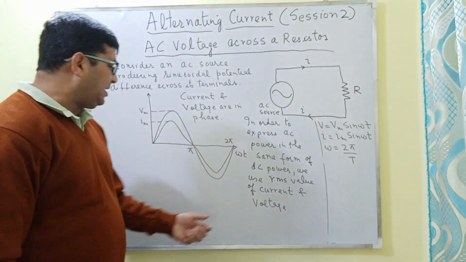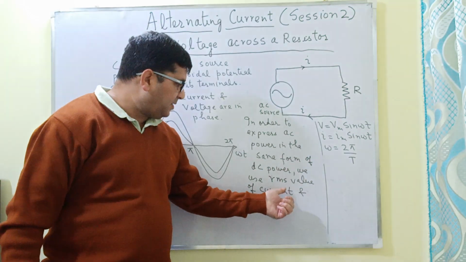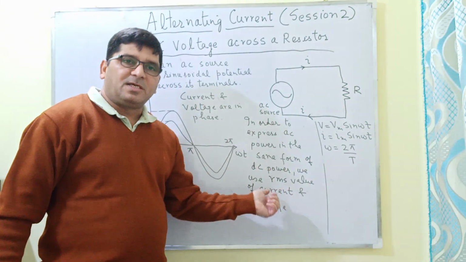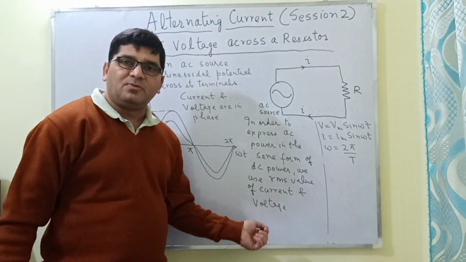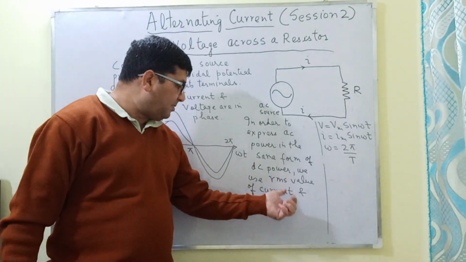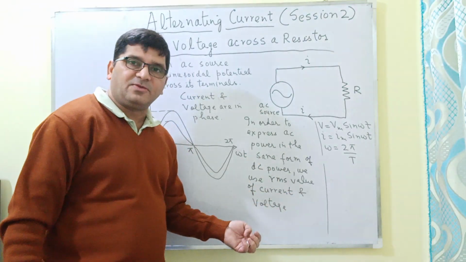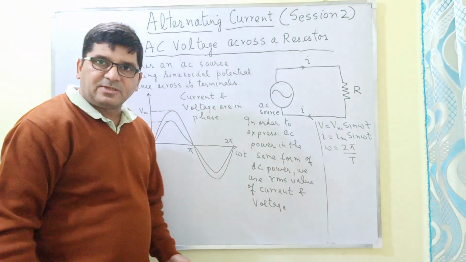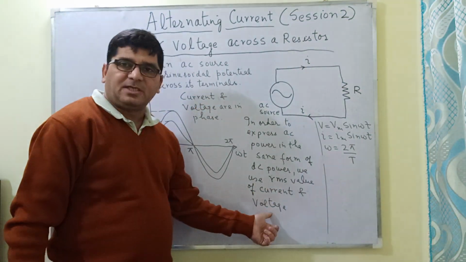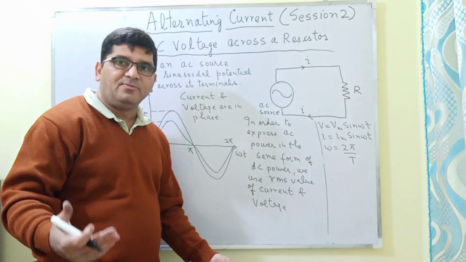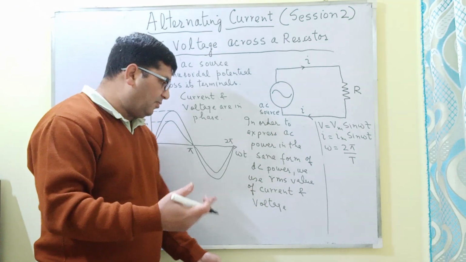And what is the RMS value of current and voltage? The RMS value of the current is the effective current in an electrical circuit, and the RMS value of the voltage is the effective value of the voltage.